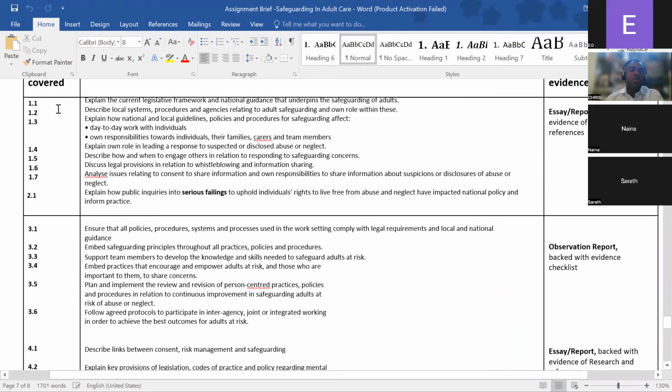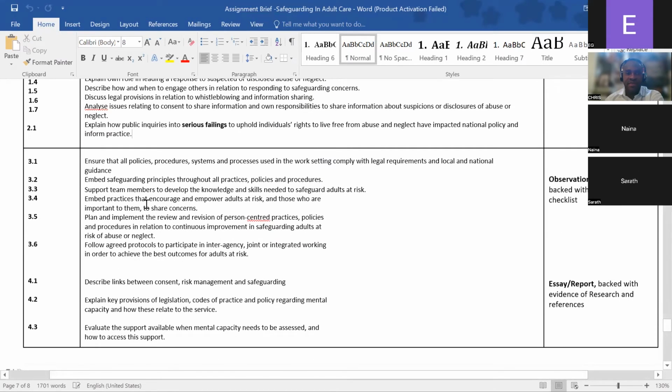Yeah. So 1.1, 1.2, up to 1.7, we are going to write assignment, essay, report. Then 2.1, we write assignment. The rest of learning outcome 2, no writing. It's observation. But from 4.1 again, it says essays and report. Yes. So 3.1 to 3.6, it's all observation.